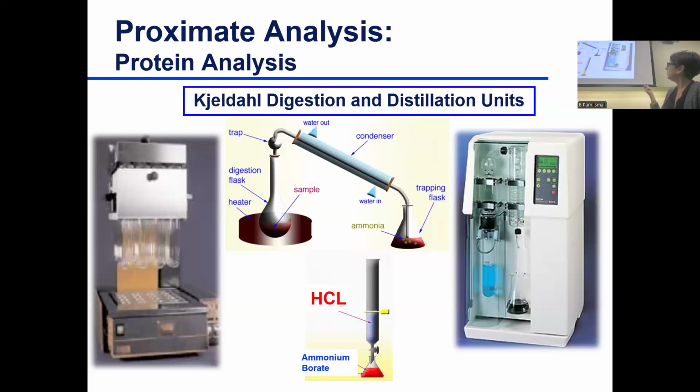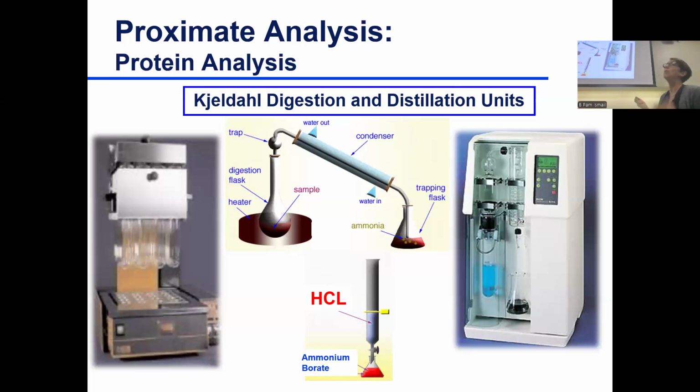You add NaOH, you dispense NaOH into this nice blue color, blue because of the copper catalyst. So you dispense your NaOH, the steam is turned on, it starts boiling, water and ammonia are released. They go through the distillation tube here, get distilled. There is a tube that you can see very well. The ammonia and your water go through the tube, and the tube is immersed in boric acid.